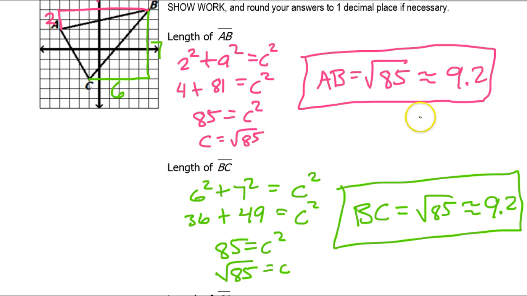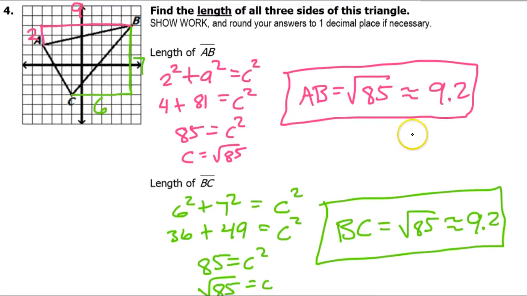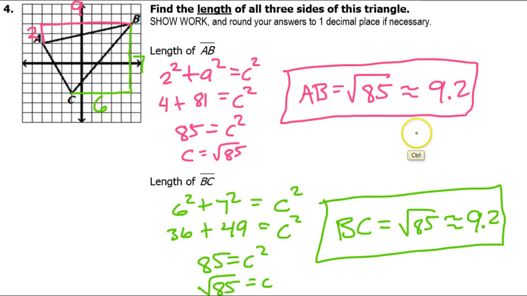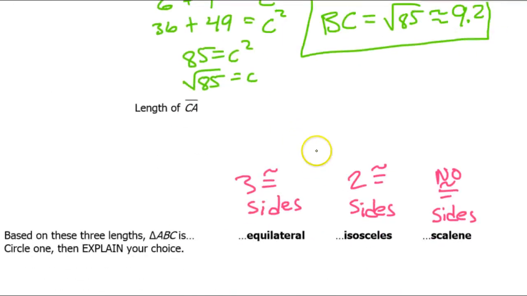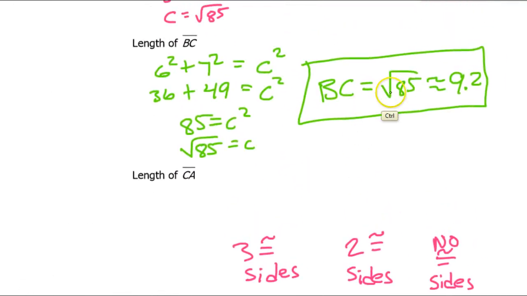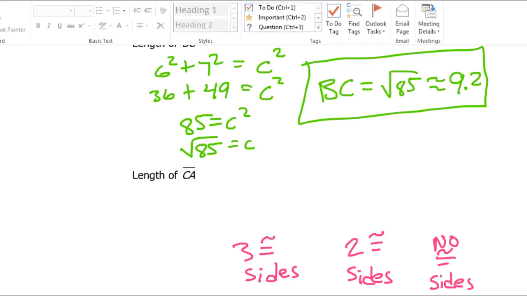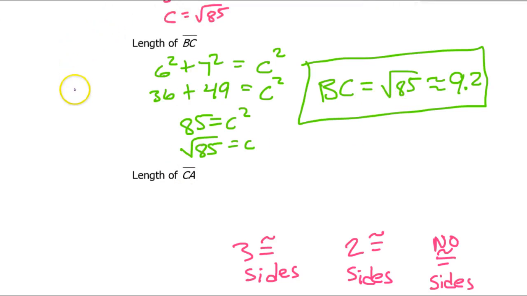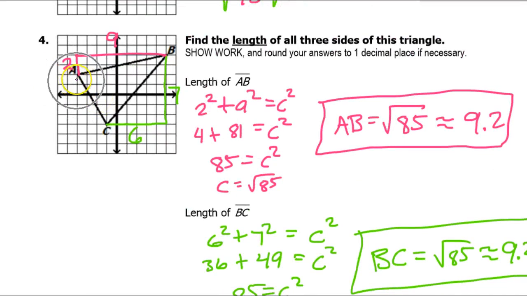So far we have 2 congruent sides, so we already know that it is not scalene. It's either going to be equilateral or isosceles, depending on if the third side is also the square root of 85. So let's do the length of CA in purple. Let's make a right triangle that has CA as the hypotenuse. So this leg is 3, and the vertical leg is 5.